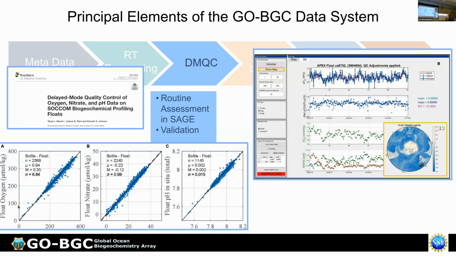When we deploy the floats and get a cast from the deploying ship, we can compare it to the float measurements after they've been adjusted, in order to understand our accuracy. And this is the computer program that Tanya and the Embari data team have developed, called Sage, that lets you do this. And that code is all available online as well.